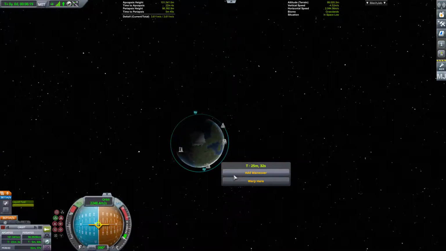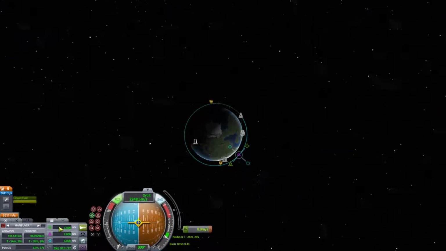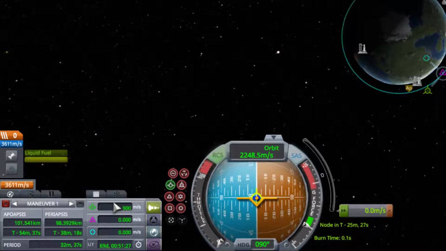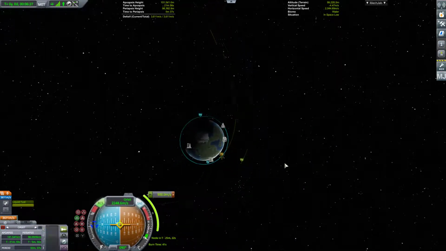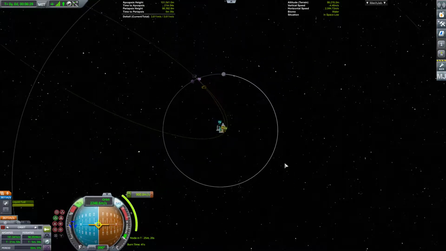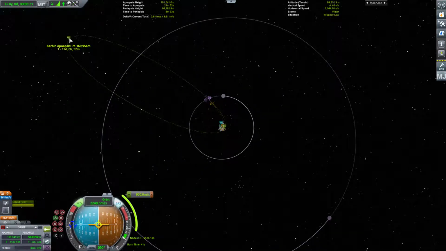Now I'll add another maneuver at 900 meters per second delta V, but you'll see that this is not enough to escape the sphere of influence of Kerbin. We come back to orbit Kerbin in an elliptical orbit. So now I just set the delta V back to 930 meters per second and fire the thrusters.